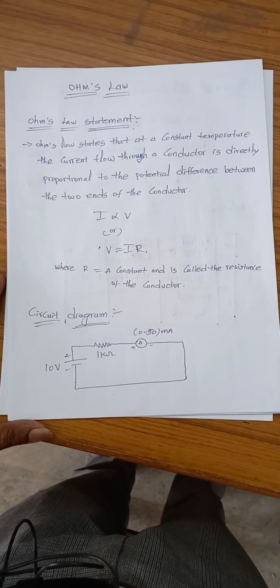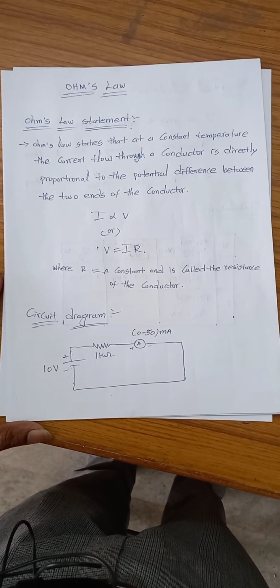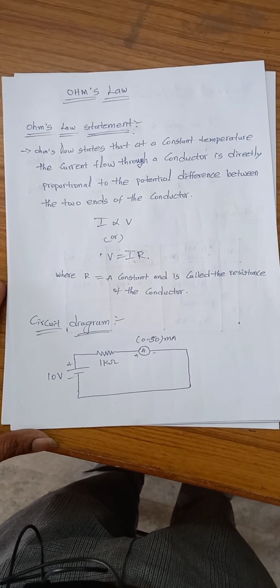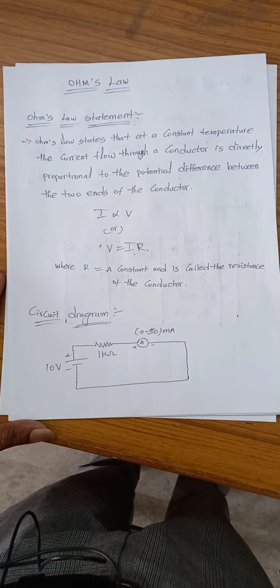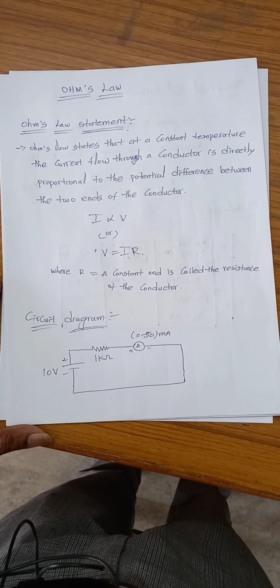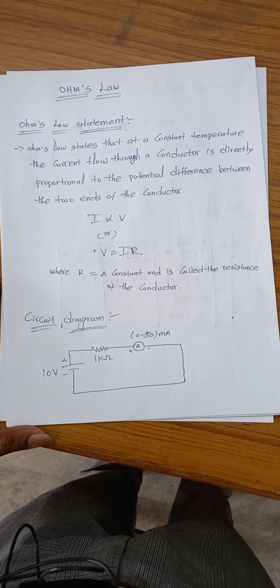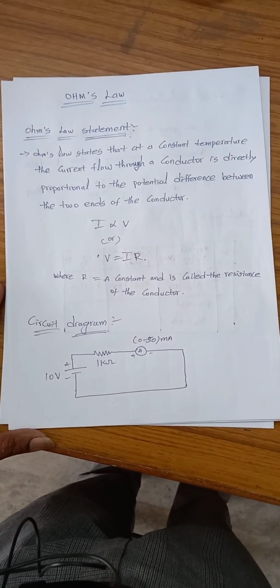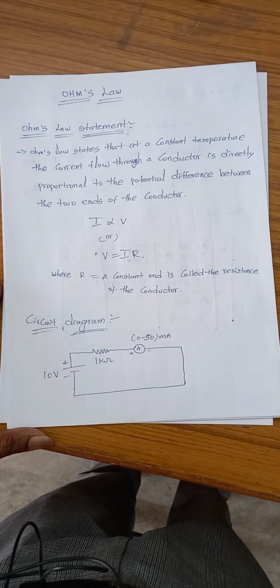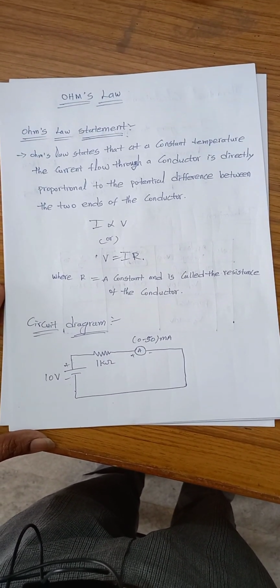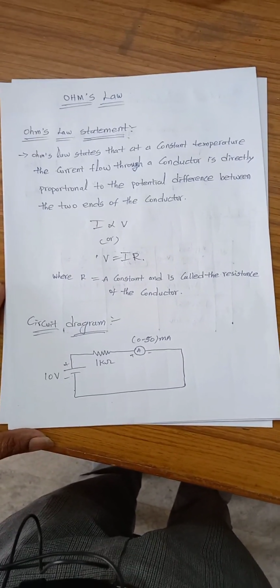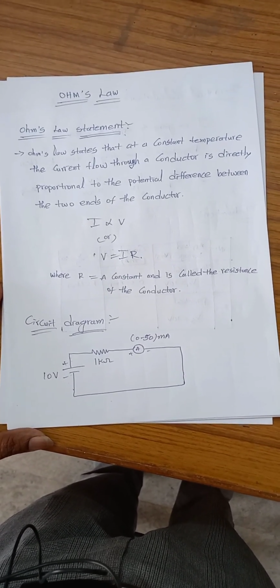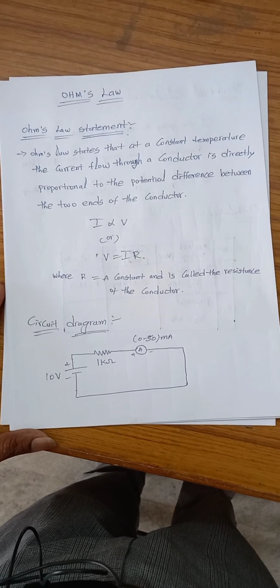But in electronic devices, we are taking semiconducting materials. In a semiconducting material, when temperature increases, the flow of current also increases, because there is no collision process in a semiconducting material, as the atoms are a little farther apart compared to a conducting material.